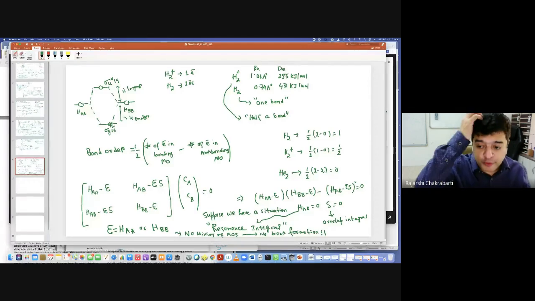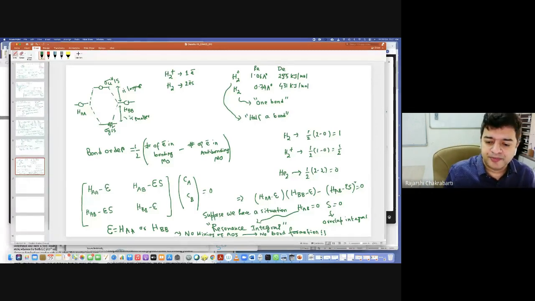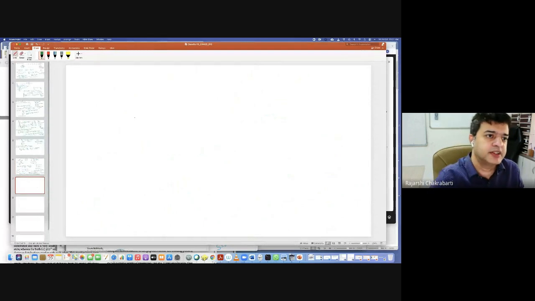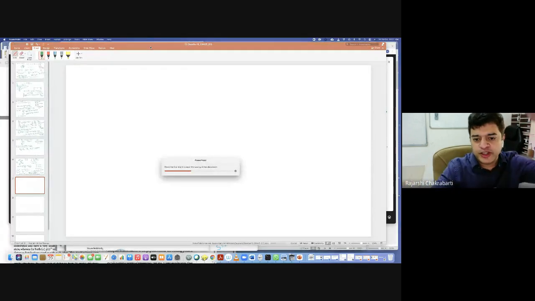So in order to have bond formation, your overlap integral and the resonance integral have to be non-zero. Is this clear? From this simple analysis you can see that. Otherwise, there will be no bond formation, no splitting.